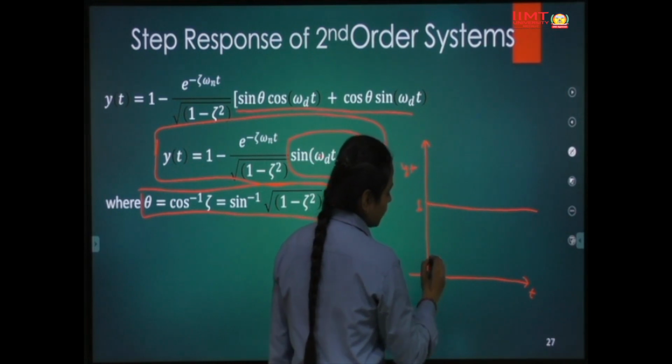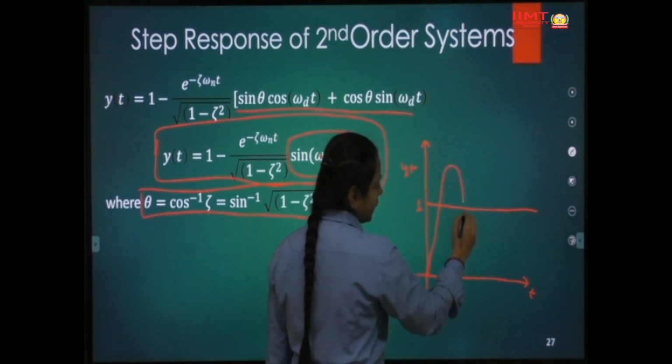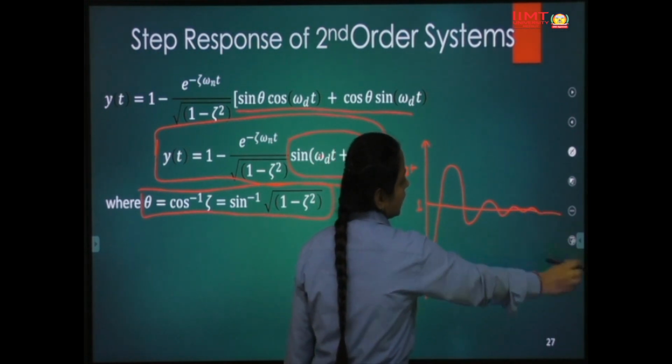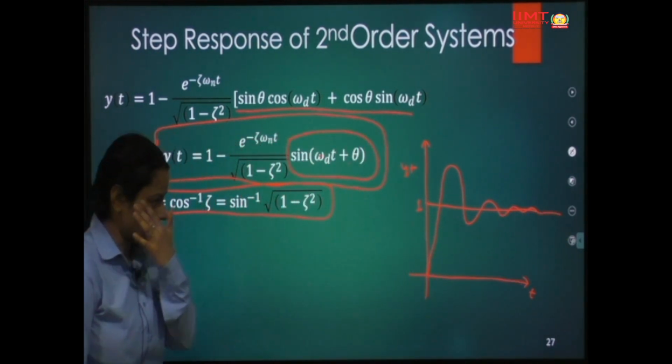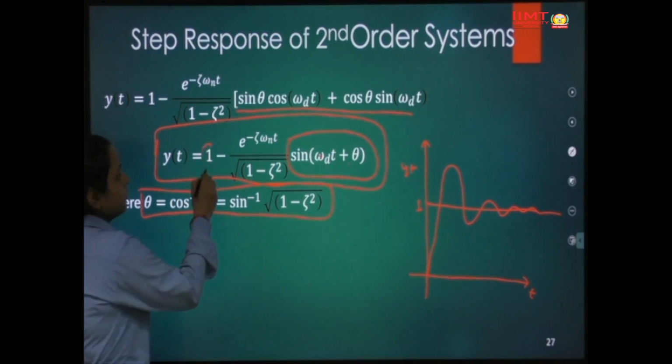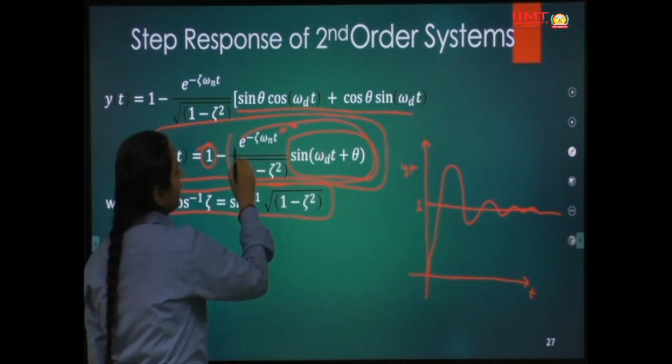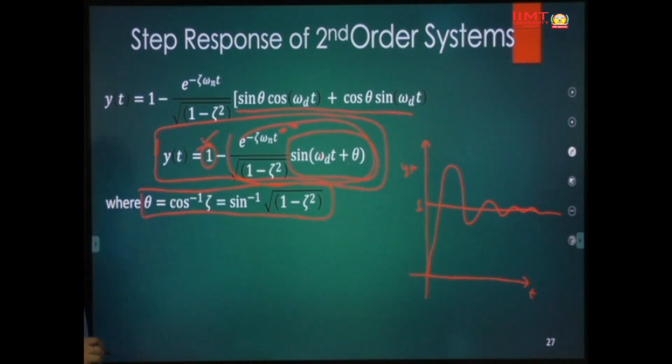It will start from here, have some peak value and some oscillations, and then settle at value 1. This whole term would become 0, and the final value at steady state y(t) would be equal to 1.